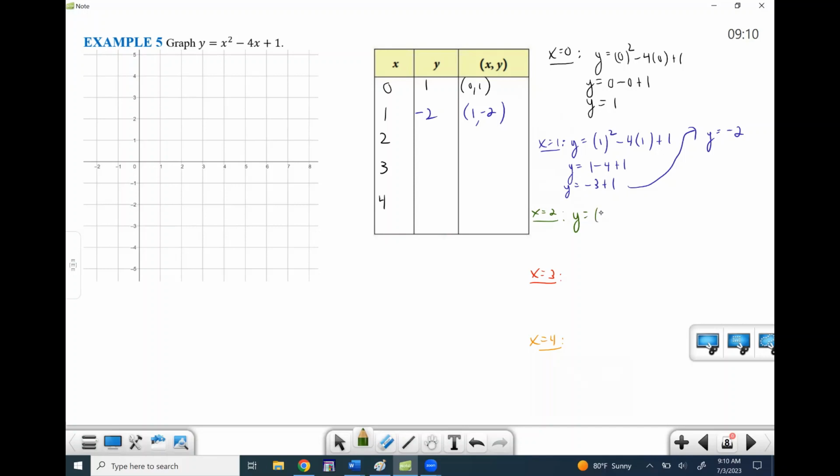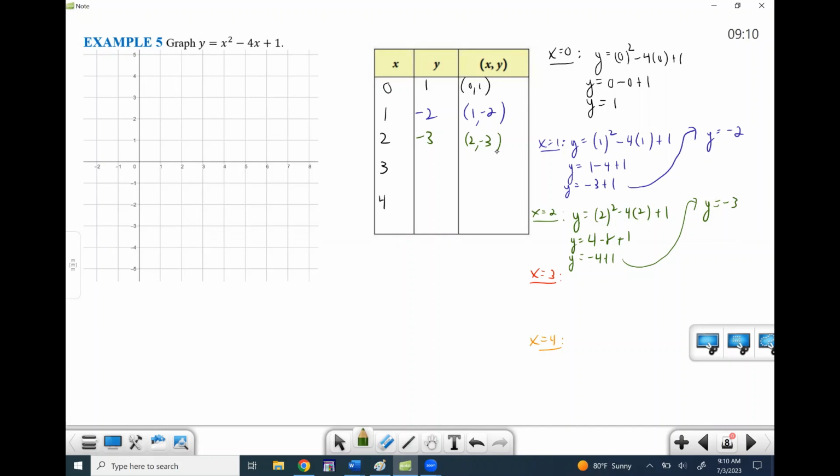All right, now let's plug in 2. Y equals 2 squared minus 4 times 2 plus 1. Y equals 4 minus 8 plus 1. Y equals negative 4 plus 1. So it looks like y equals negative 3. So we got 2 comma negative 3.